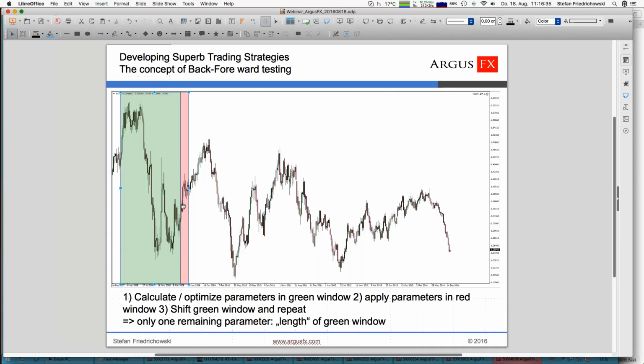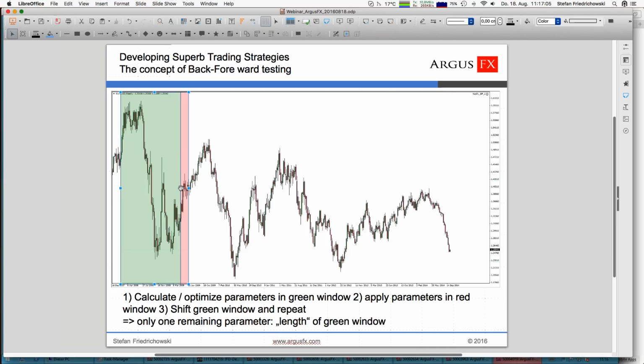So from the perspective of the green box, the red box is the future. It's really something like getting a strategy in the year 2007, 2008, getting the parameters, and then applying the parameters to the future. Then the future is exactly, in this case, this red box.